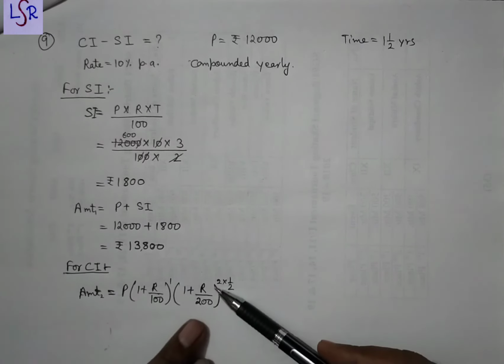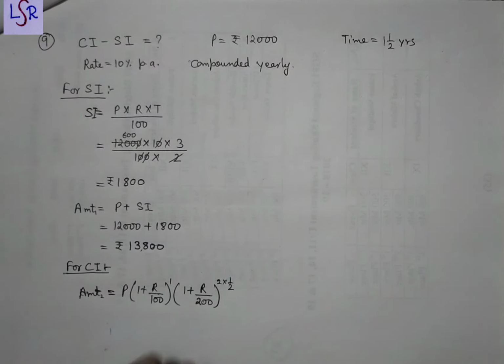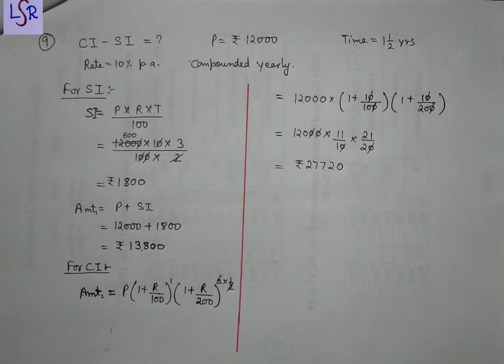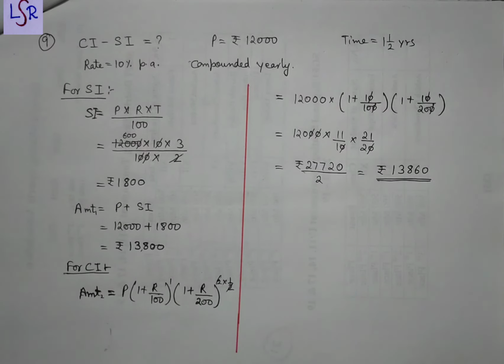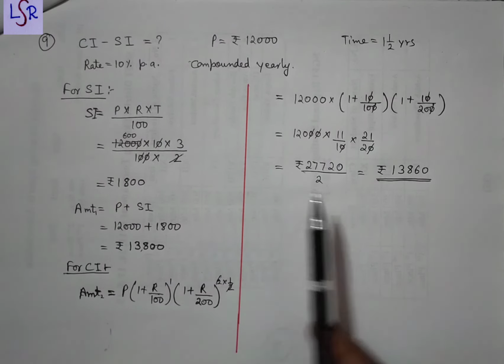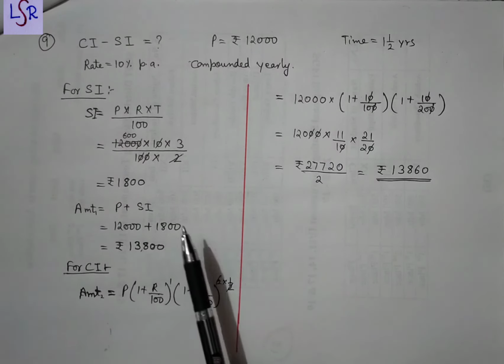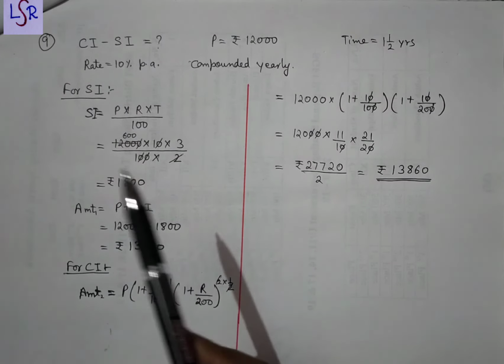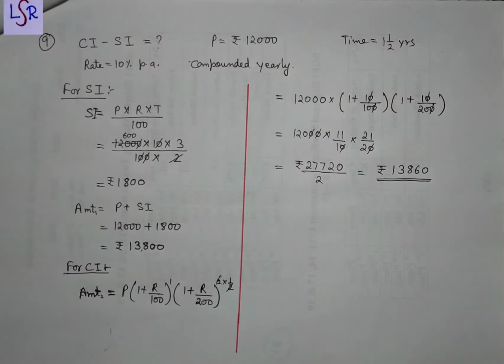Now we place the values over here and finally the amount is rupees 13,860. Now for the difference between the CI and SI, we can take the difference of these two amounts, and we will get the same answer, or we can calculate the CI also.